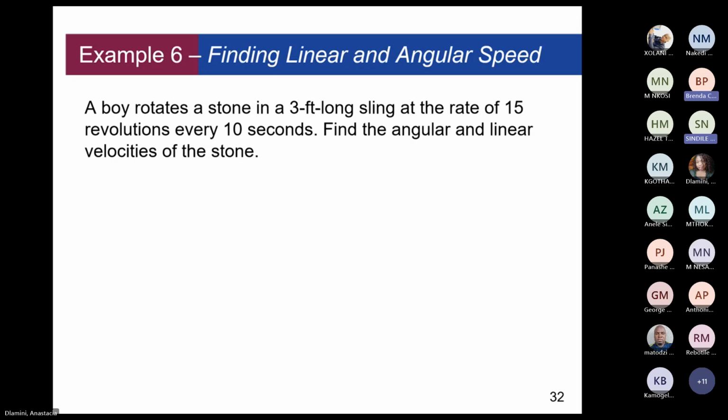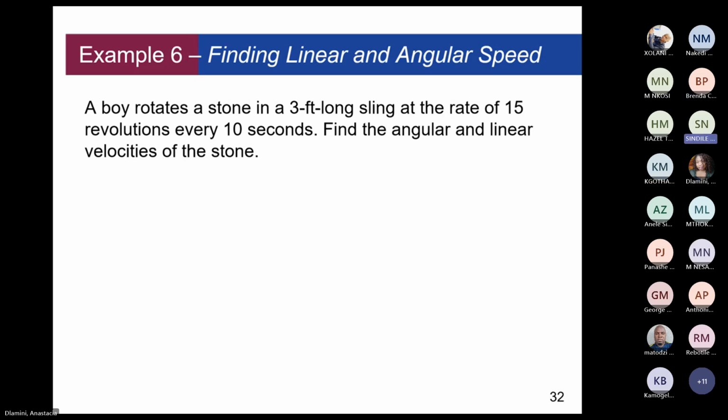And when they say 15 revolutions, it must be 2 pi times 15, which is 30 pi. You're correct. But why is it 2 pi? Because one complete revolution is 360 degrees. If you convert 360 degrees to radians, you get 2 pi. Oh, okay. That's a complete revolution.